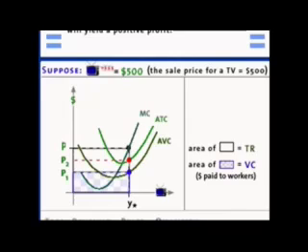The difference between the average total cost curve and the average variable cost curve at every point is the average fixed cost. If you multiply this average fixed cost times those 48 television sets, times the number of units that you're producing, what do you get? Well, average fixed cost times the number of televisions you're producing is just fixed cost, the total fixed cost.